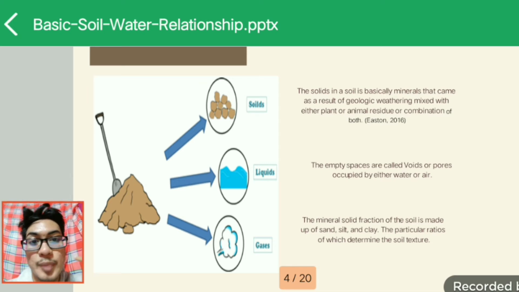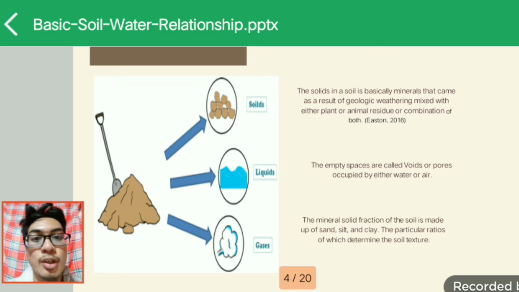Minerals. These minerals are clay, silt, and loam, and they mix with the remains of animals or plant residue to form the soil. These are the result of geologic weathering.